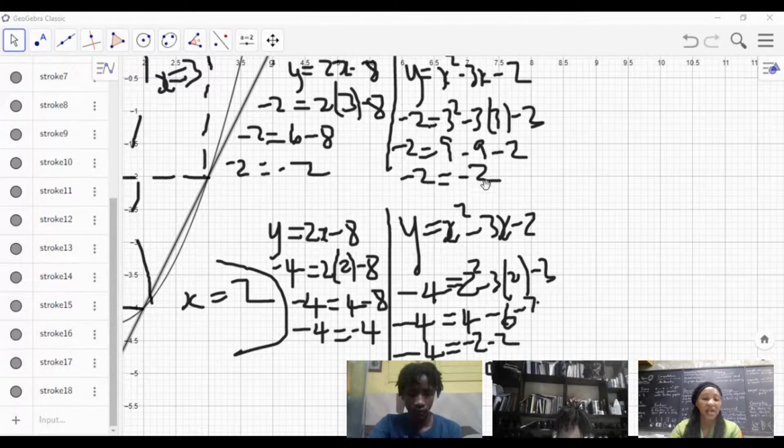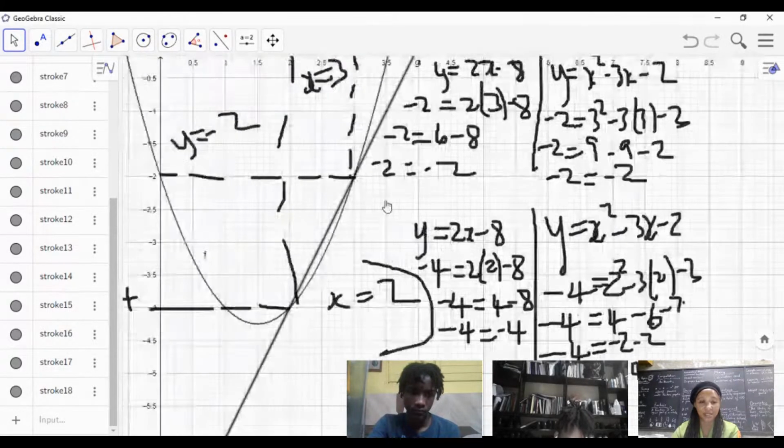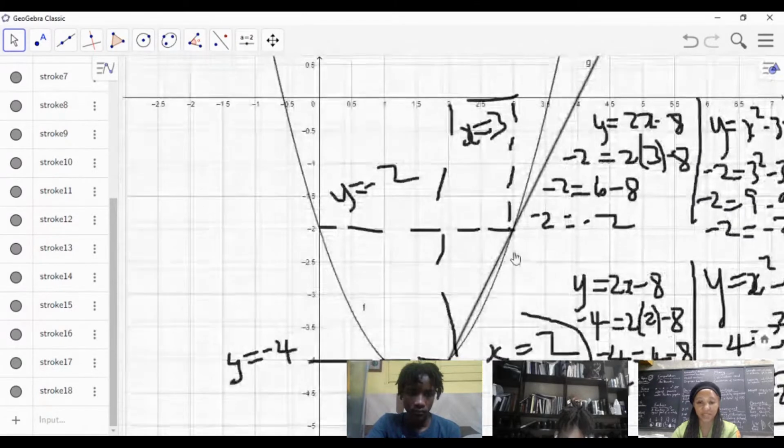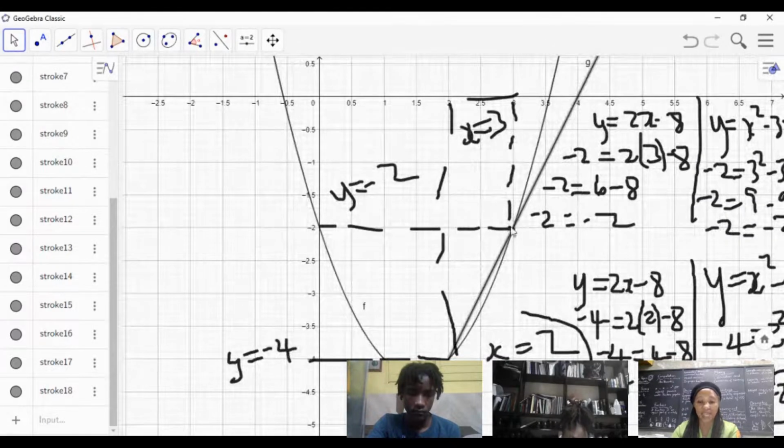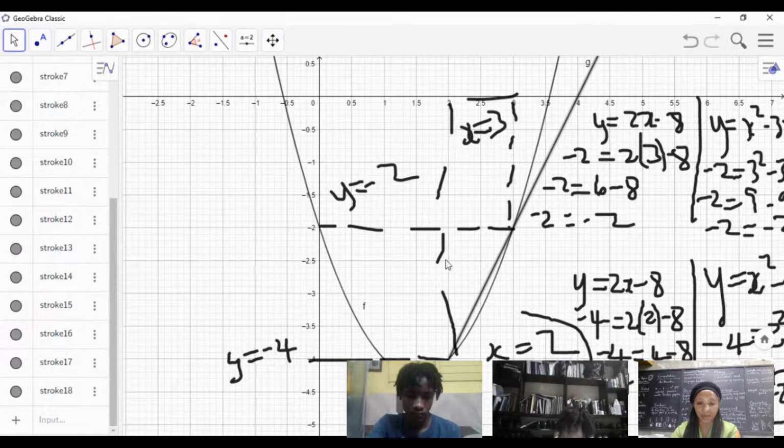So if you are asked to solve simultaneous equations, one linear, one quadratic, using the graphical method, what we did using the graph, just this part of it, where you find the intersection, you use your ruler to draw a straight line. It's not going to look like my sloppy thing right here.